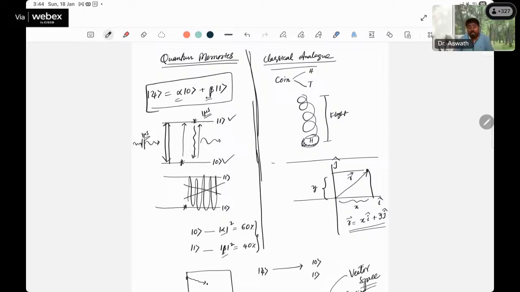Only thing is that the value of alpha absolute square plus beta absolute square is going to be 1. It's the probabilities, they sum to 1. So that's why it is specific, but it is a number that runs between 0 to 1.